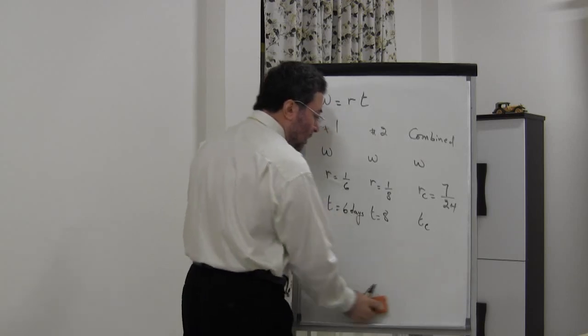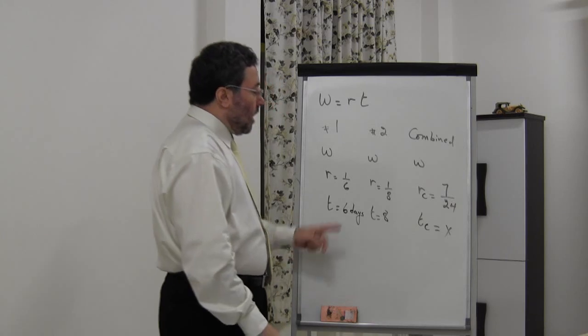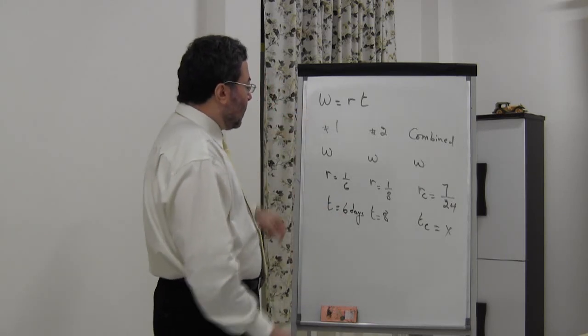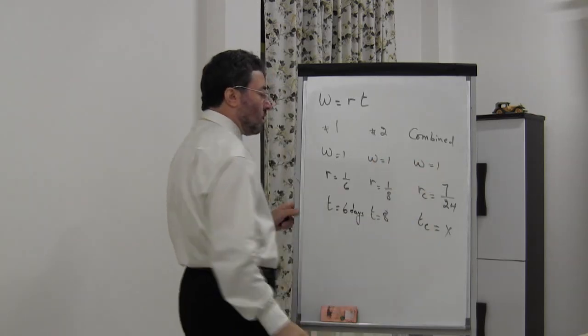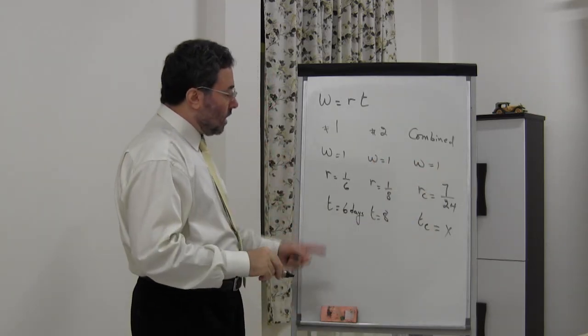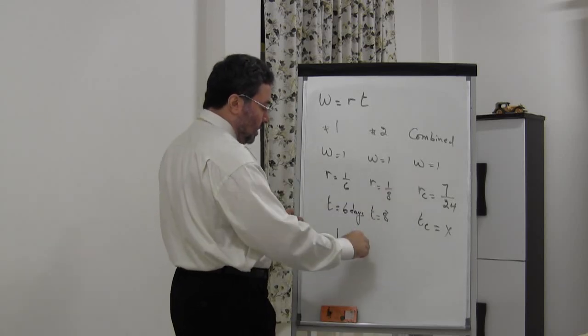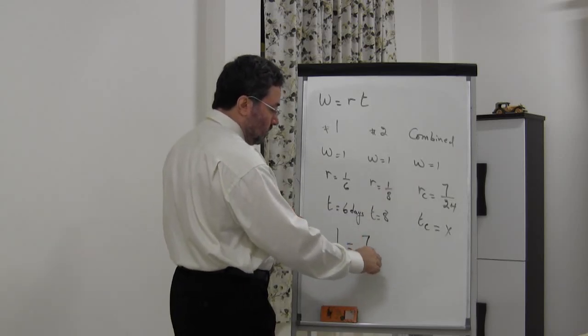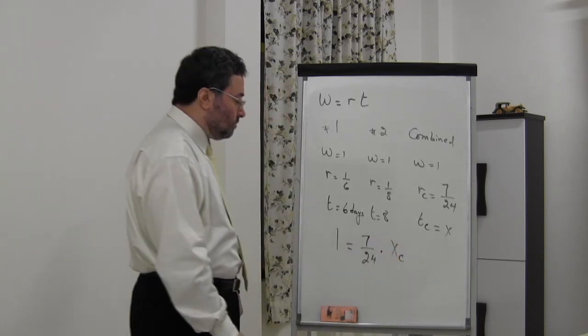Now we would like to get the combined time, and that's x. Applying the formula, again the work here for all of them is 1. We're doing one job. Applying this formula, 1 is equal to the rate times x, the combined time.